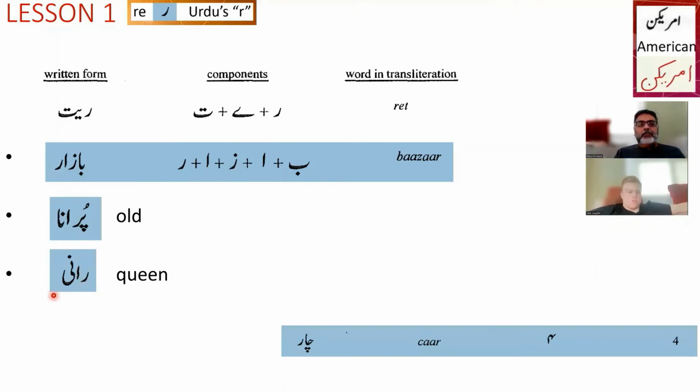And then this is, you want to try reading this? Ray, Alif, right? So it's Ra. And then this dot tells you it's an N. N sound, and then this thing is the choti ye. Rani, two E's. Rani.